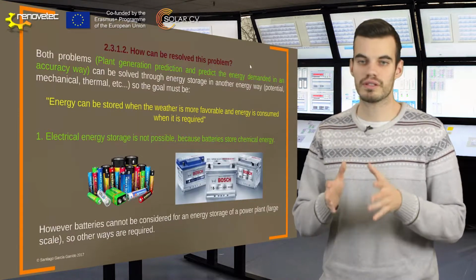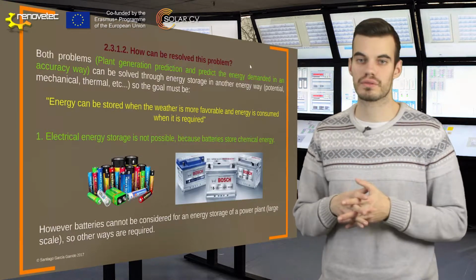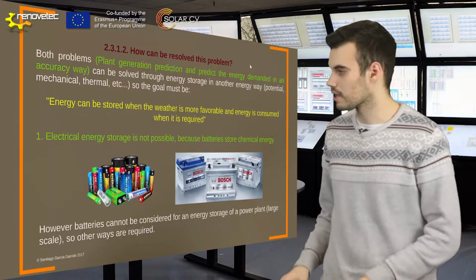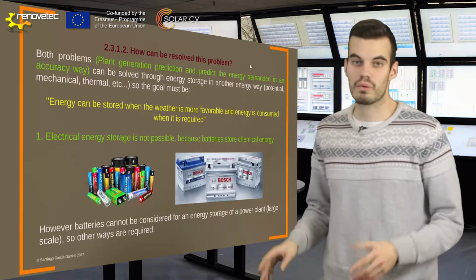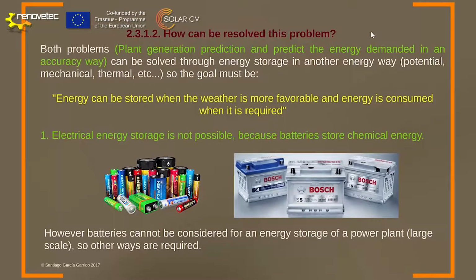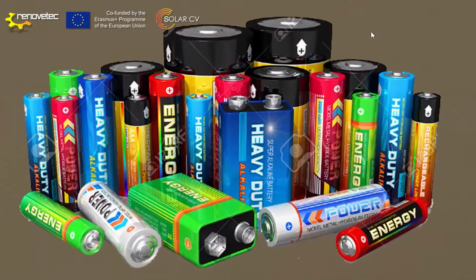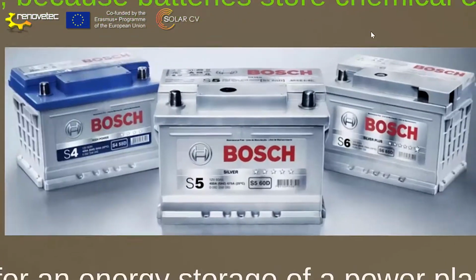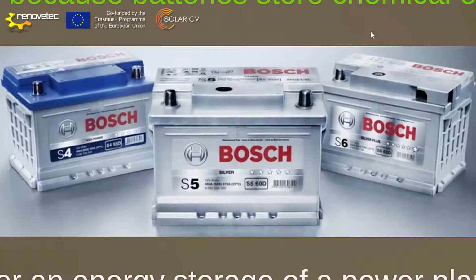Finally, we are going to study other methods to store this energy. At the beginning, we need to understand that electrical energy cannot be stored, because, for example, piles and batteries just store chemical energy, and they transform this chemical energy into electrical energy.